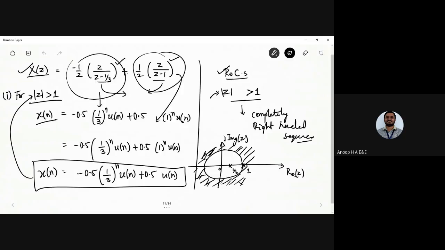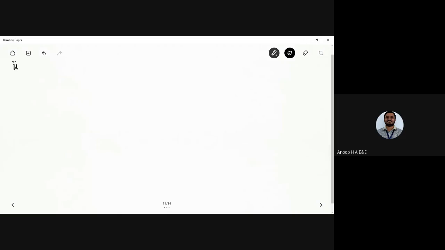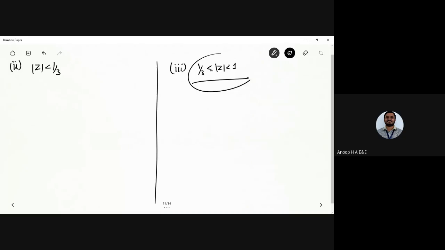Similarly, you can write it for the second sequence where you will have mod z less than 1/3. You can make an attempt. And the third one is for mod z between 1/3 and 1, so this would be the annular region. I'm giving you a hint.